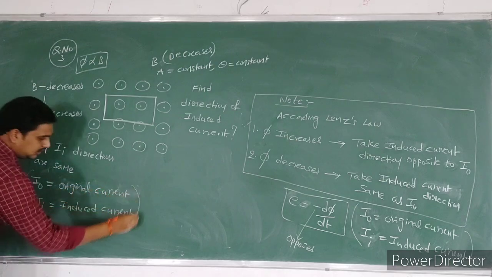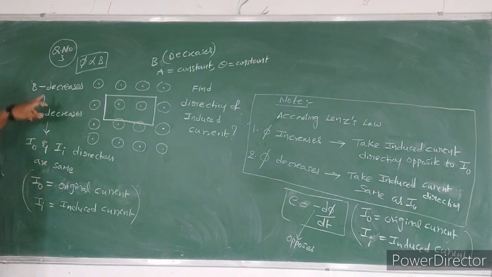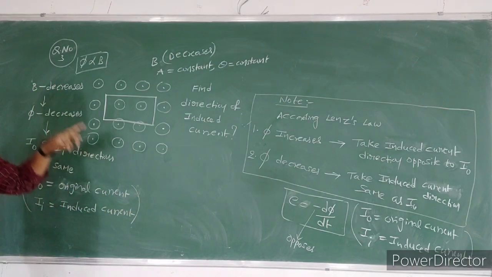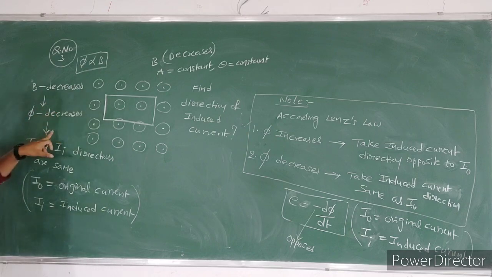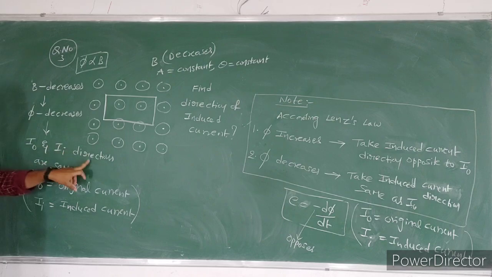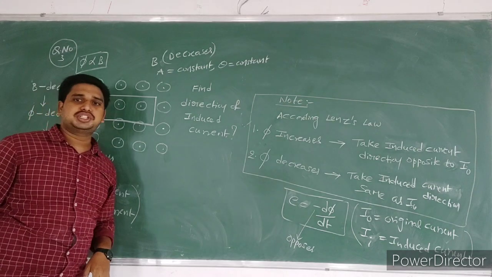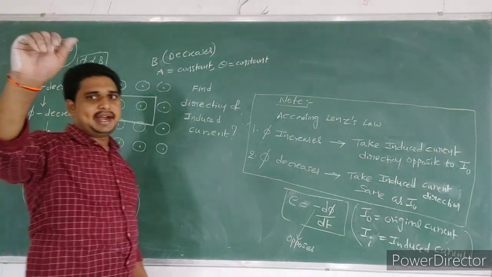Now observe carefully. The magnetic field decreases, so definitely flux decreases. Flux decreases means the original current direction and induced current direction are both the same. So first find the direction of the original current by using the right hand thumb rule.